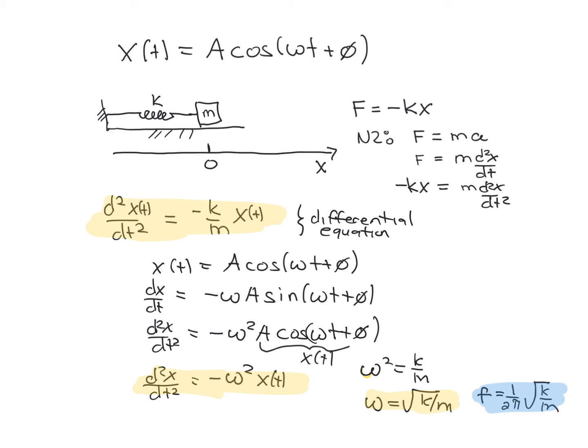And the takeaway from this is that if you have a mass on a spring, the frequency at which it oscillates back and forth, the number of times per second, just depends on the value of the spring constant and the mass. So if you have a stiff spring and a light mass, you're going to have a high frequency of oscillation. So things that are light and stiff oscillate back and forth very quickly, and things that have a floppy spring and a lot of mass are going to oscillate back and forth much more slowly.